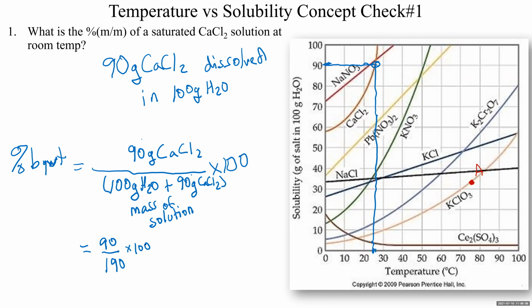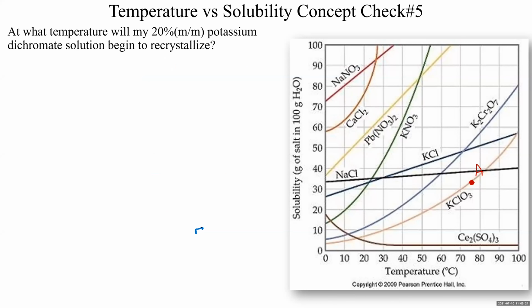That's going to be a little bit under 50%. So let me just work that out. I don't trust myself with math anymore, so I'm just going to use my calculator every single time, no matter how simple. 47.4% is what I get.